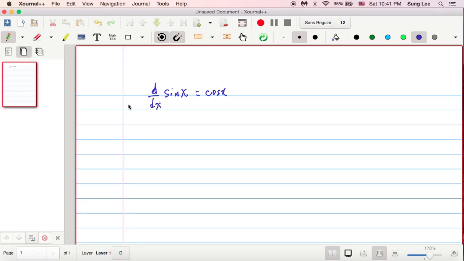All right, so let's start with d by dx sine of x.